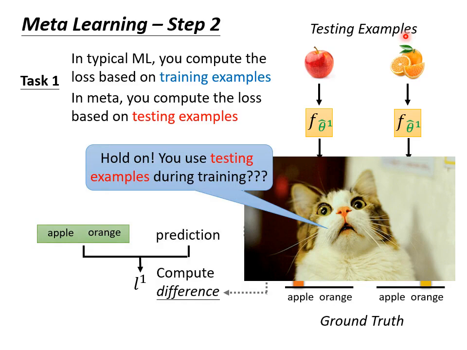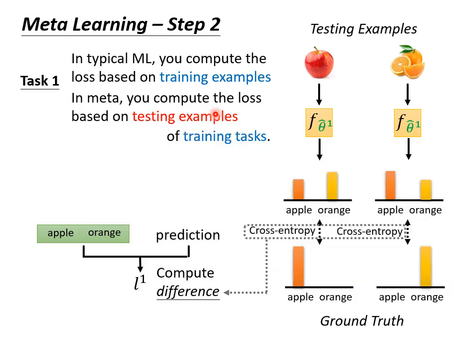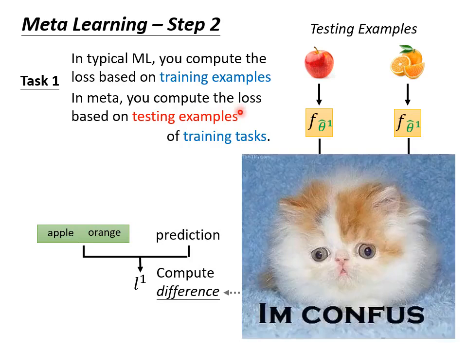So how could you use testing examples here? However, it is okay to use those testing examples, because testing examples are in the training tasks. In the training tasks, we have testing examples. I know this sounds very confusing. This is probably how you feel. But hopefully, after we finish all of this tutorial, you will be clear about what meta-learning is.